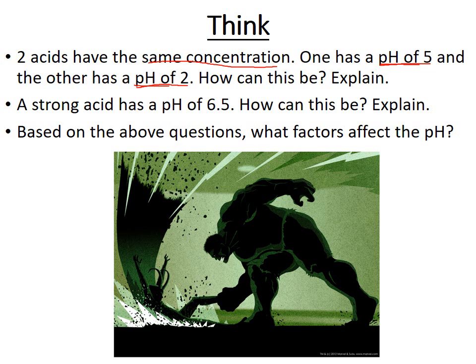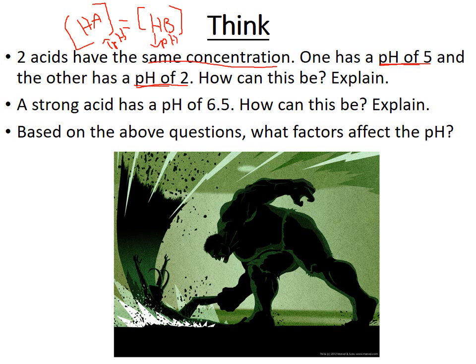Acid A, so we'll call it HA, has the same concentration as acid B. Yet acid A has a higher pH. It's somehow less acidic than acid B, which has a lower pH, 2.